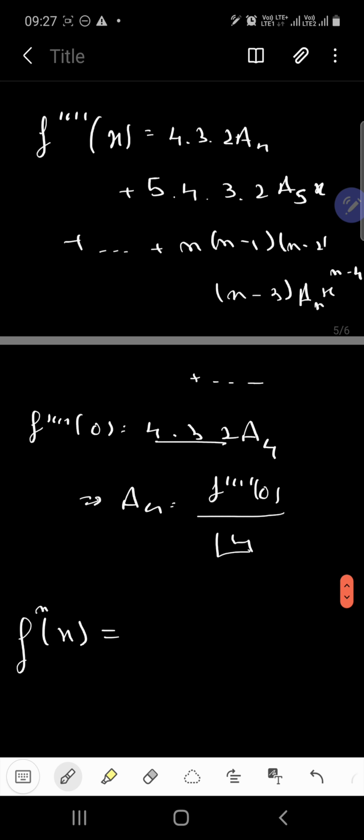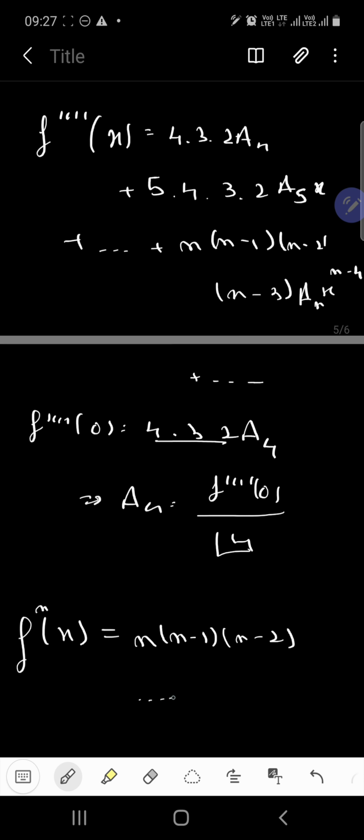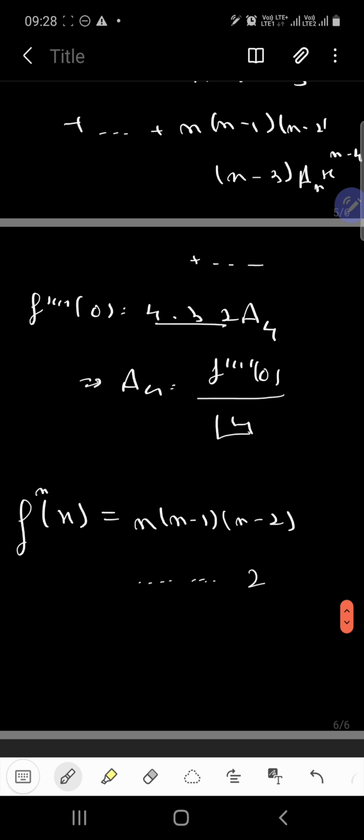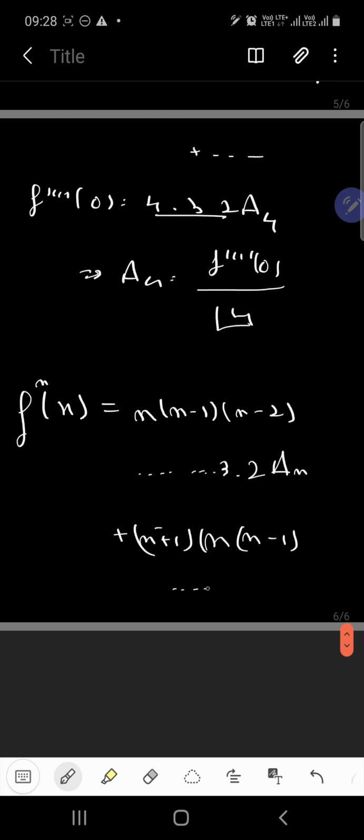The nth derivative at x gives you n times n minus 1, n minus 2, and this goes on, till you reach 3 times 2, times an, plus you have n plus 1 terms, like n plus 1 times n times n minus 1, and you go on like this.